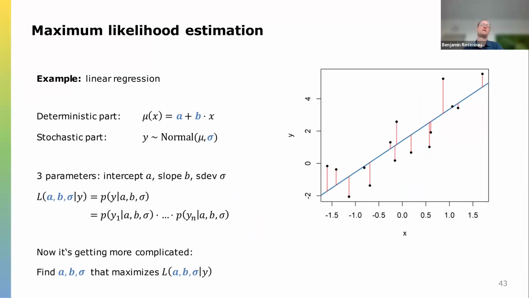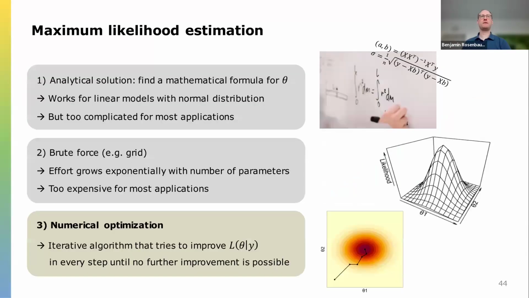Now we want to find 3 values in a 3-dimensional mathematical space which maximize this function. And this is a non-trivial task. So here we arrive at mathematical optimization, finding the optimal or best value for some function in a multi-dimensional space. And there are several ways to do this.